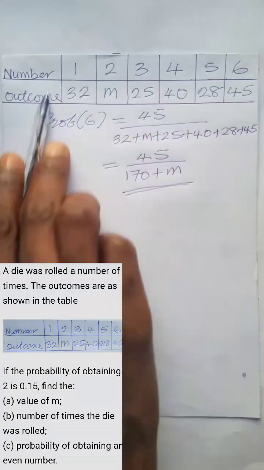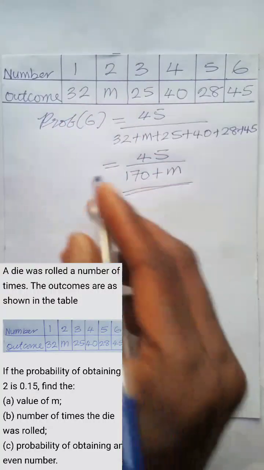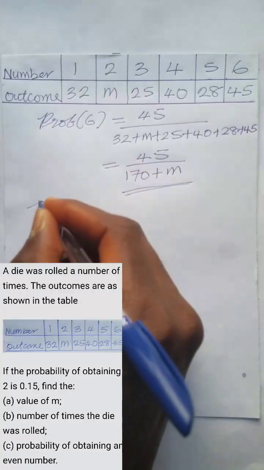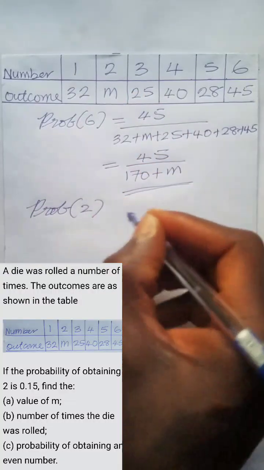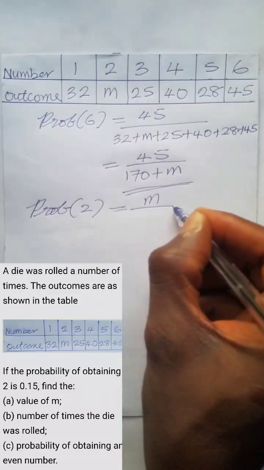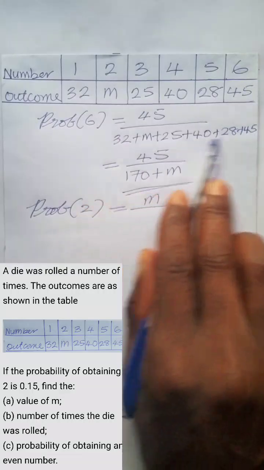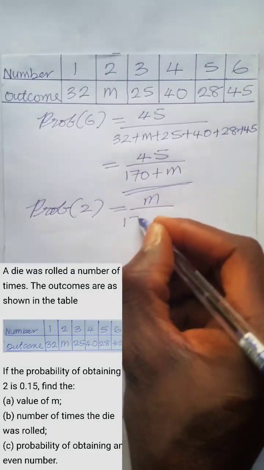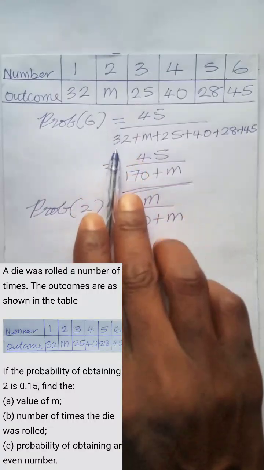Now, how can I relate this to finding M? I'll come to this column and say find the probability of obtaining a 2. That will be the number of times I got a 2, which is M that I'm not given, divided by 170 plus M. If you are solving, this is where you start from.